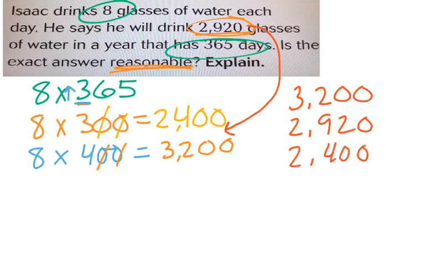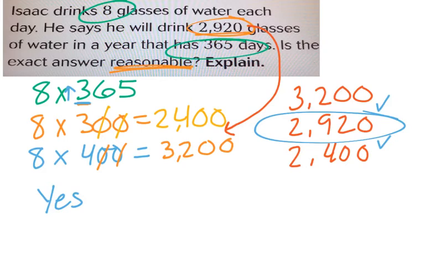And I can say to myself, okay, 3,200, is that greater than 2,920? Well, yes, it is. Then I look at the next one, 2,920. Is that greater than 2,400? Yes, it is. So, the answer that they gave us in our problem is reasonable. So my answer would be yes, it is reasonable.